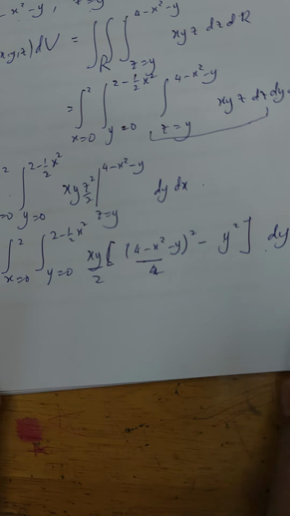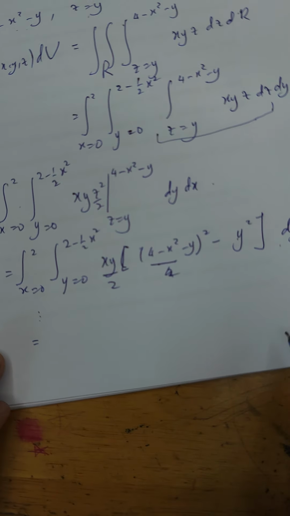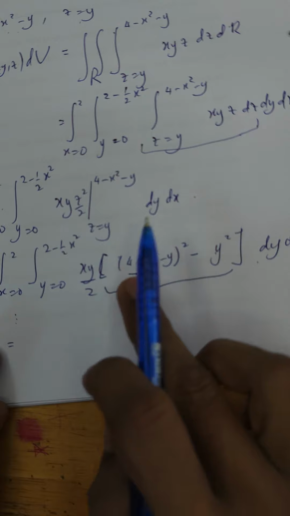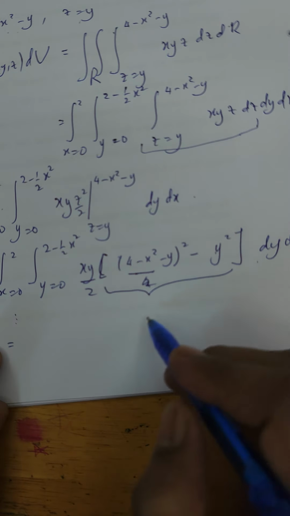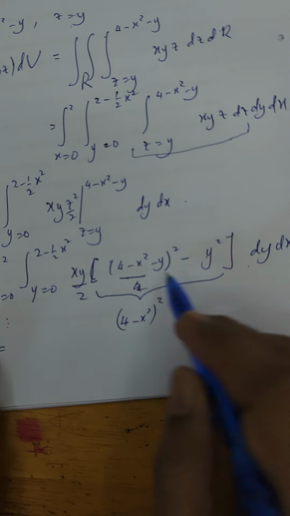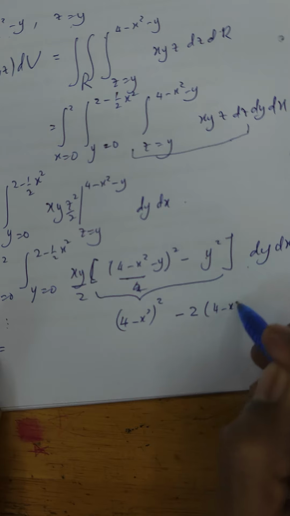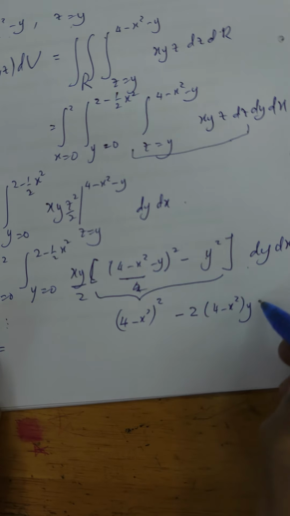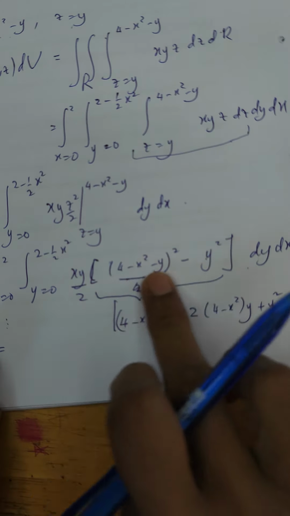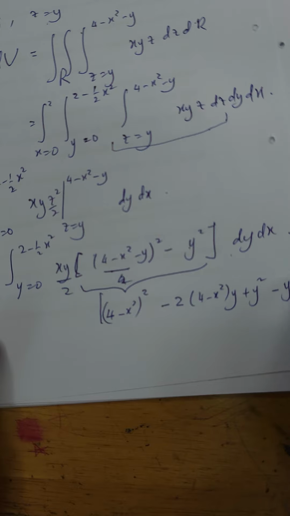Okay, from now you can just proceed with how to solve this. Or should I solve this part? I think this is easy. So you can have 4 minus x squared, squared, that is, minus 2 times 4 minus x squared times y plus y squared, and then minus y squared.